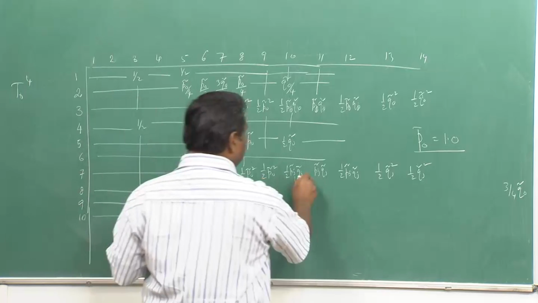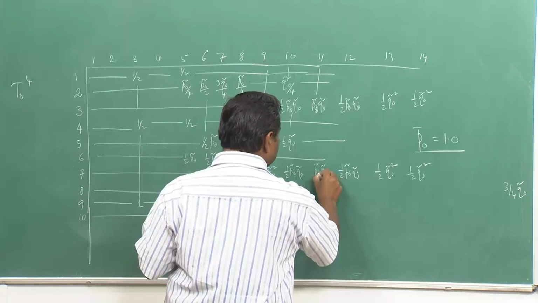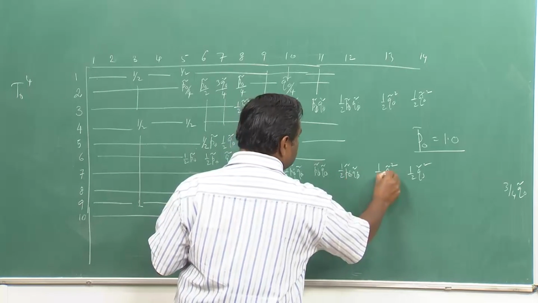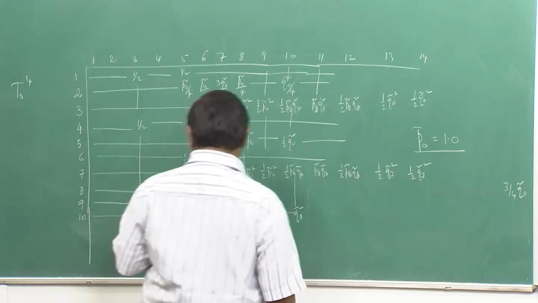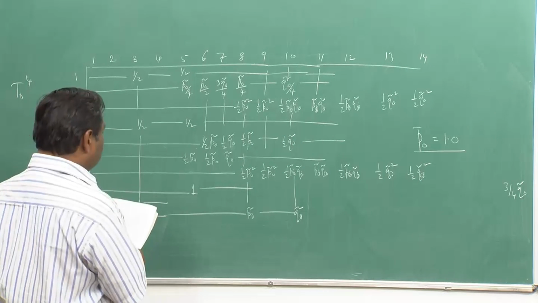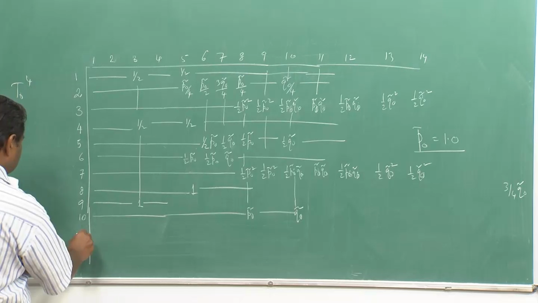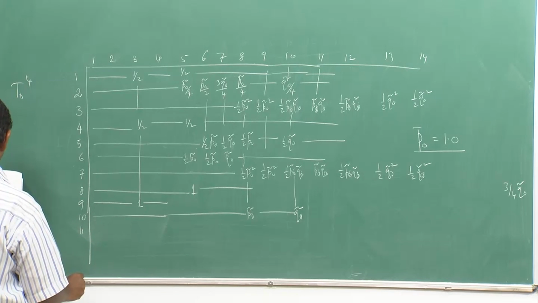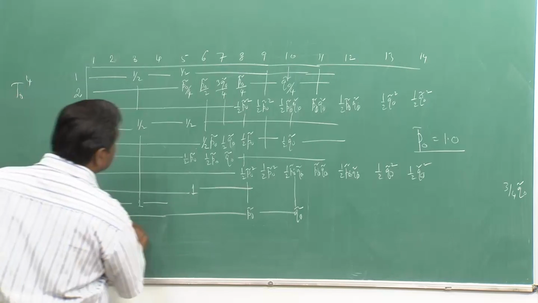So, in fact, wherever I put j, you should just simply put 0. So, this is j is equal to 0. Okay. So, 10th and then 11th has 6th and 7th.